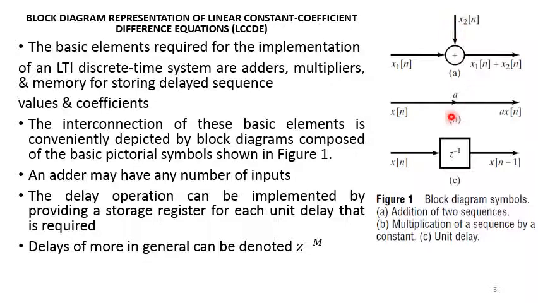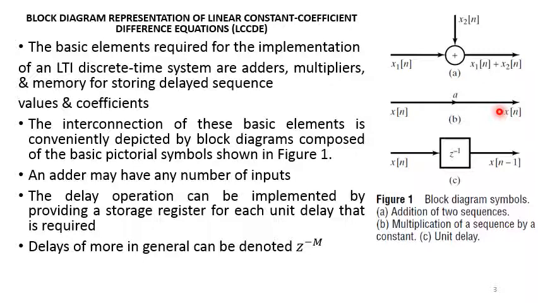You also understand that scalar multiplication, or constant multiplication, or scaling factor, is represented by an arrow with x[n], and the value written over the arrow indicates the constant multiplier or the scaling factor. So we have a x[n], where a is the scaling or constant multiplier factor.